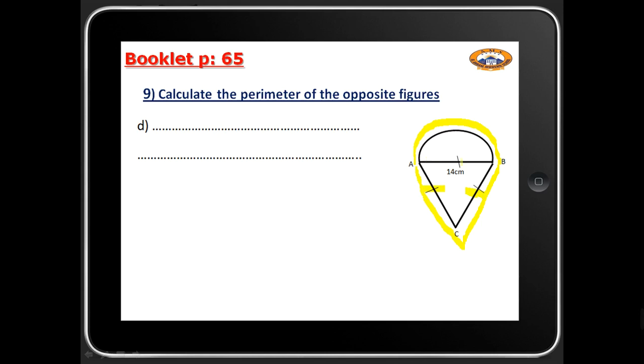Now, look at the inside figure. This is a triangle, and he gave me one side of this triangle, which is excellent, 14 centimeters. And when he drew this dash for you, this means that all sides are equal. So this is an equilateral triangle. It means that this side is 14 and this also is 14 centimeters in length, and the other side, AC, is also equal to 14 centimeters.